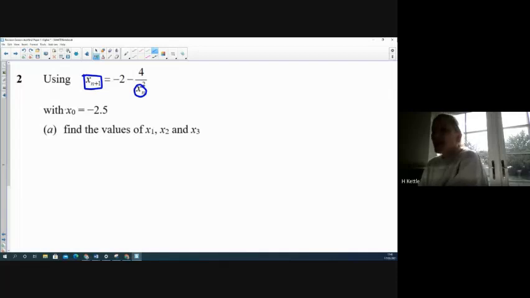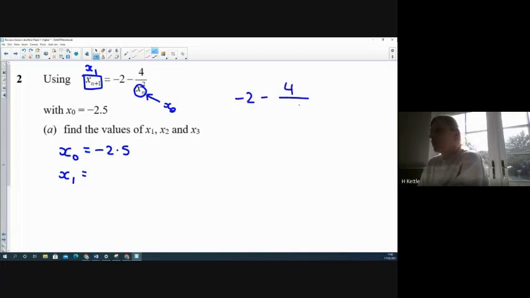So they're saying x naught is minus 2.5. Now to get to x1, they are saying do the sum with x naught, and that will get you to x1. So I'm going to do minus 2 minus 4 over minus 2.5 squared.